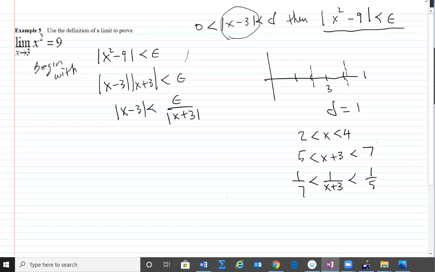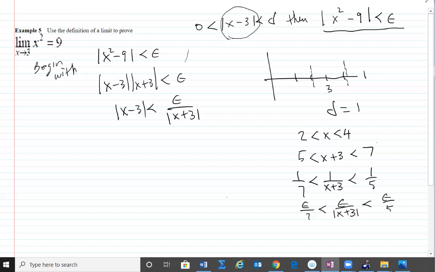What I want is to find something smaller than 1 over x plus 3. So notice I can also put this in here. And now, since x is positive, it's between 2 and 4, we can put our bars on here.